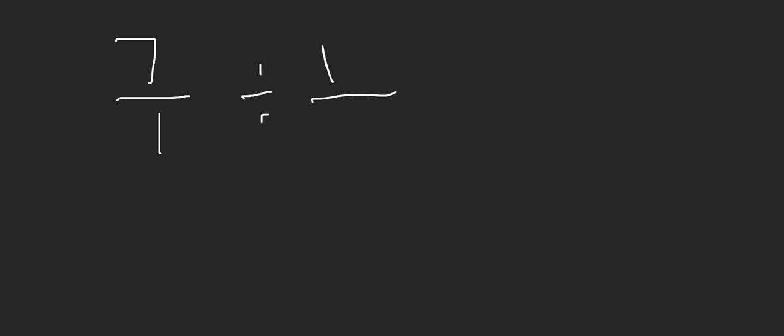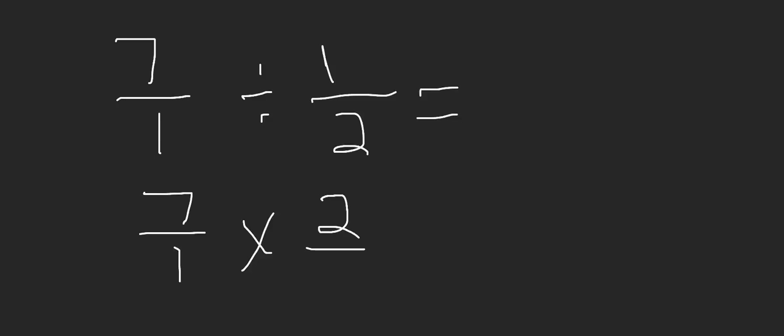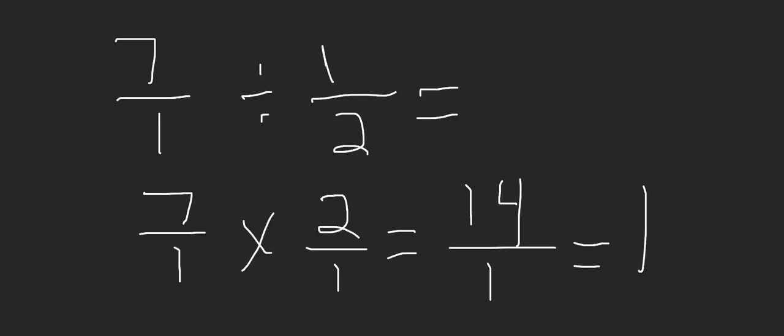And we're going to use the keep, change, flip. So we're going to keep 7 out of 1. We're going to change to multiplication and flip over the divisor, 2 out of 1. So what we end up with is 14 out of 1, and this one's pretty easy, which equals the whole number 14.